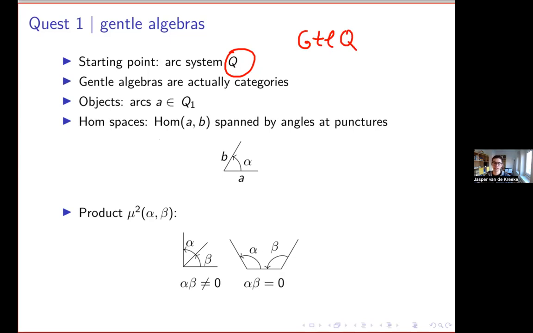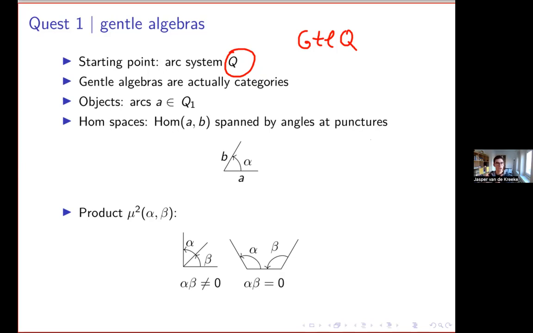Gentle algebras, despite their name, are actually categories. You can also view them as algebras, A-infinity algebras, but they have a lot of idempotents, which makes it nice to view them as categories. Their objects are the arcs. For every arc in my arc system, I view this arc as an object in the category, and the hom spaces are spanned by the angles between 2 arcs at punctures.